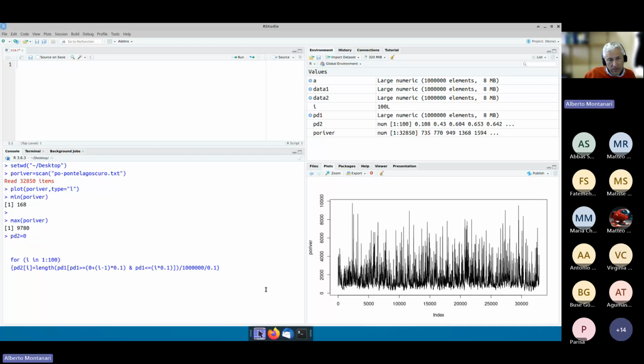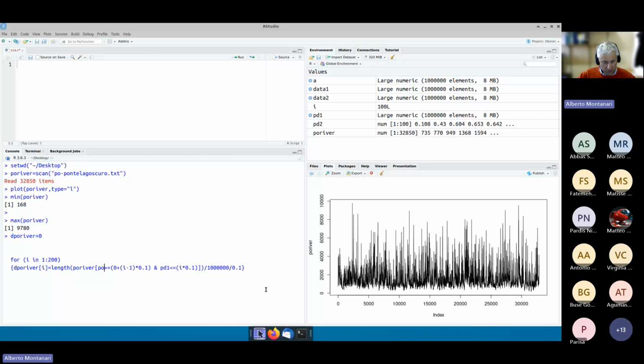First of all, let me select another vector for the density, like d per river is equal to 0. Now, the for cycle, as I said, is extended over 200 intervals. The density is called d per river. And then I should estimate the length of per river, the frequency of the vector per river.